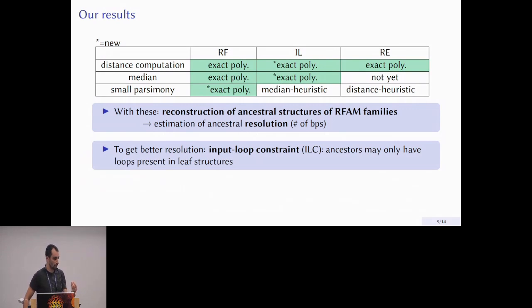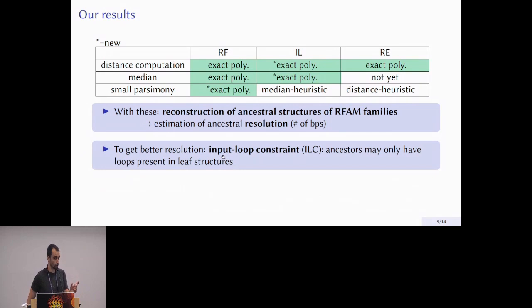And for that, we use a proxy that's simply the number of base pairs. So we would like to be able to make different choices as to how much resolved we want the ancestors to be.